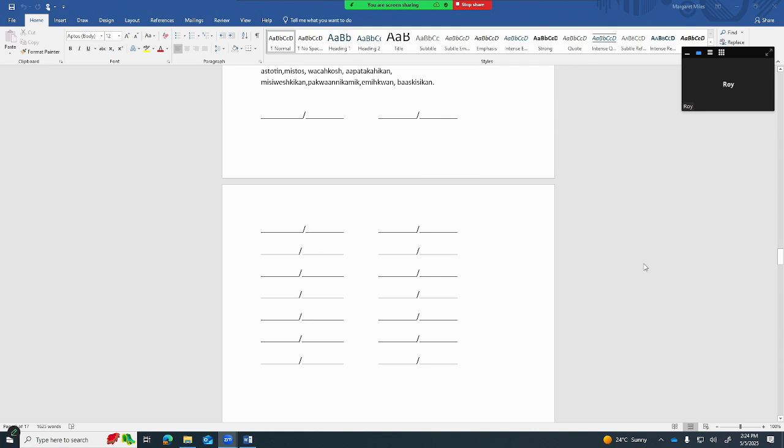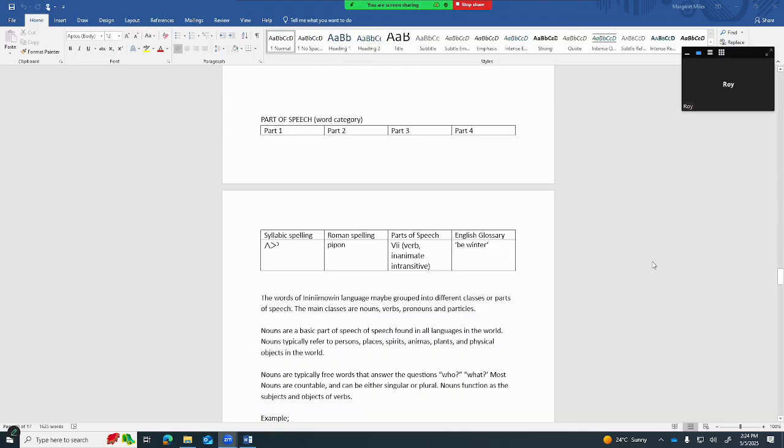So there's two columns there, and you put animate words into the animate column and the inanimate words into the inanimate column. So we said parts of speech, there's four parts.